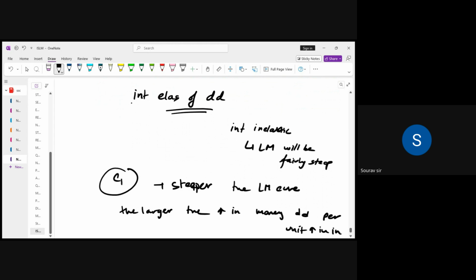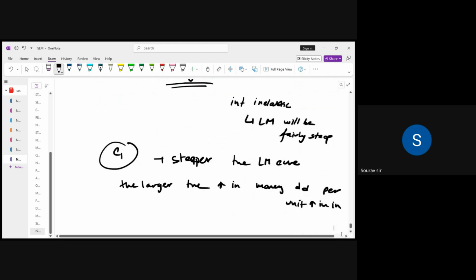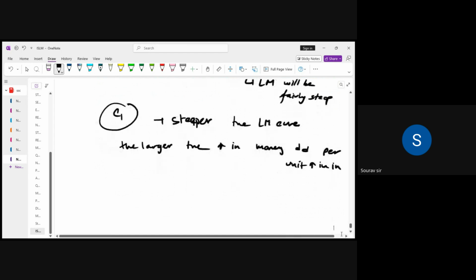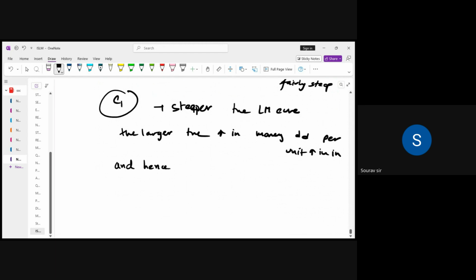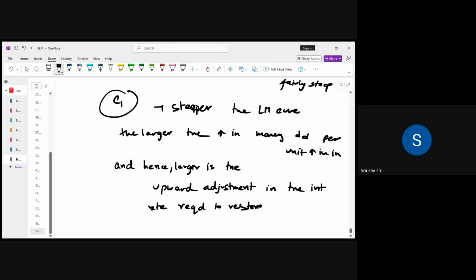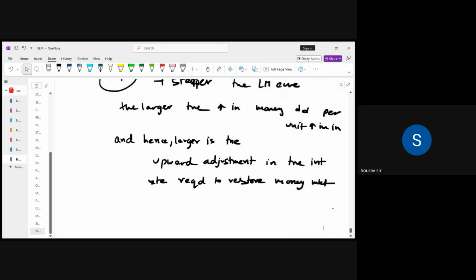And hence, the larger is the upward adjustment in the interest rate which is required to restore money market equilibrium. So higher is C1, steeper will be the LM curve.